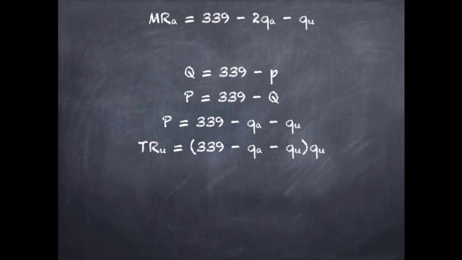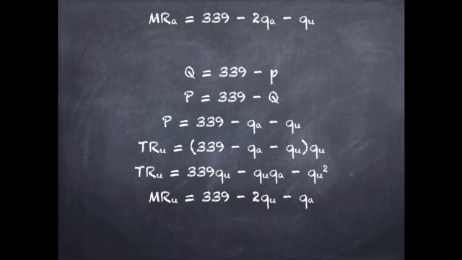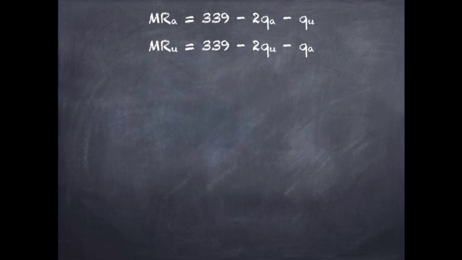So we just take price and multiply by the quantity for United. And that gives us 339 QU minus QU QA minus QU squared. We take the derivative of that, which gives us 339 minus 2QU minus QA. So we have the marginal revenue functions for both of these airlines.